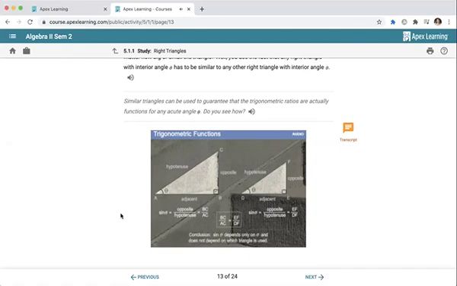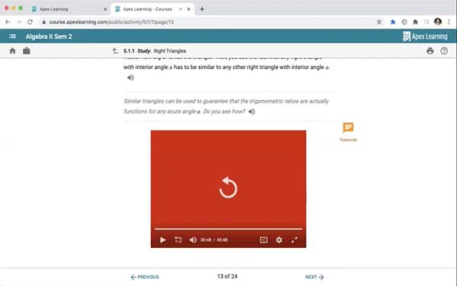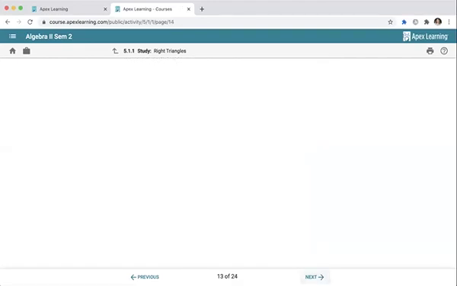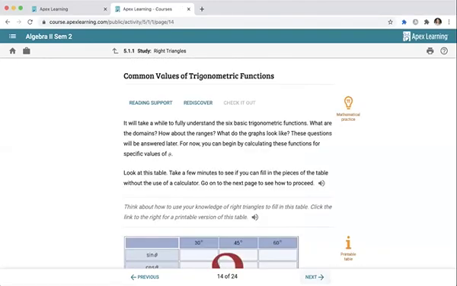Sine of theta depends only on the angle theta and does not depend on which triangle is used. The same argument will show that this is true for any of the 6 other trigonometric functions. All right, so again, it's based on the angle, not based on the specific triangle.